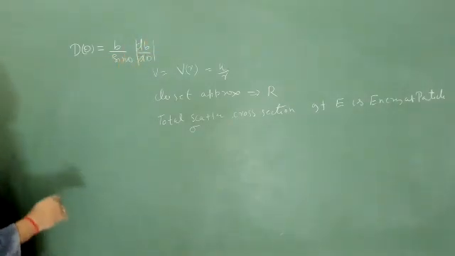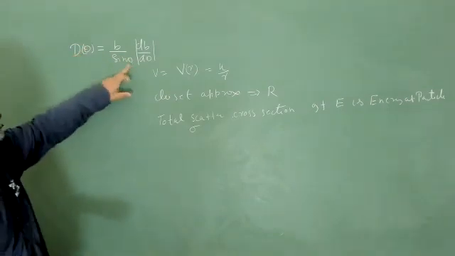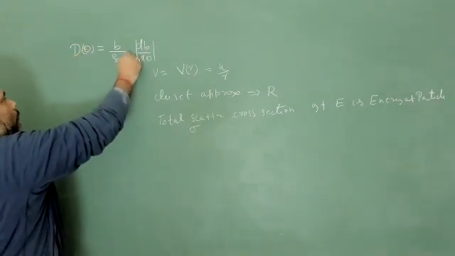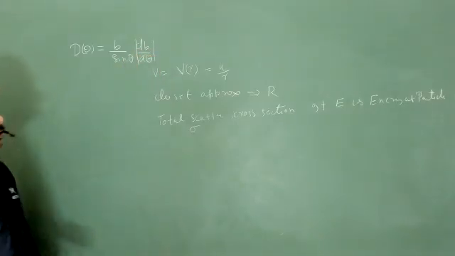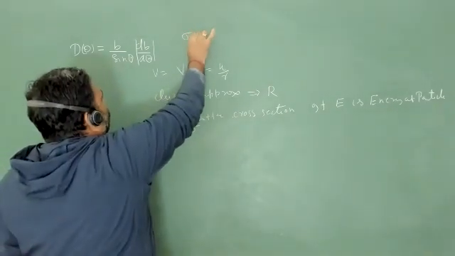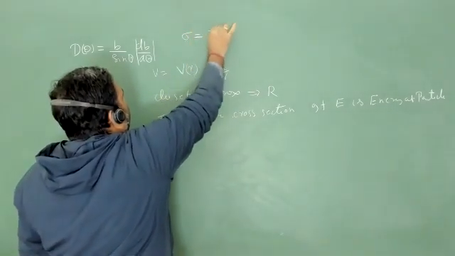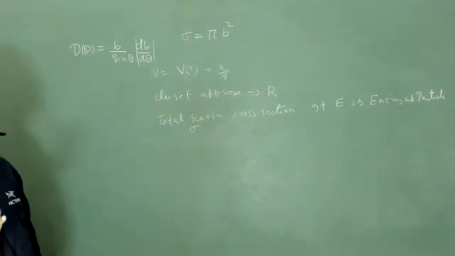This is the main thing, but sometimes this dθ may not be a function of theta. It may be possible that this is not a function of theta. Then, as I have also told you, your total scattering cross section is actually πb². So what is the main idea?